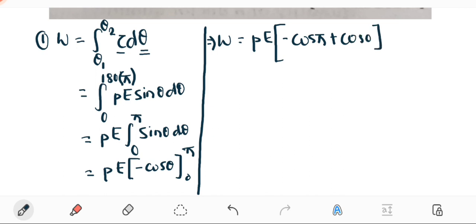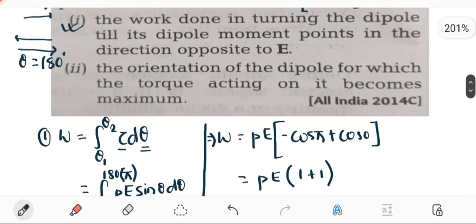Which can be further written as pE times 1 plus 1, so this is twice of pE. So the work done in rotating the dipole from 0 degree to 180 degree is equal to twice of p into E. Now let's see the second part of the question.